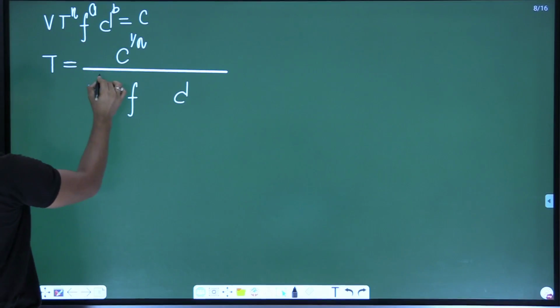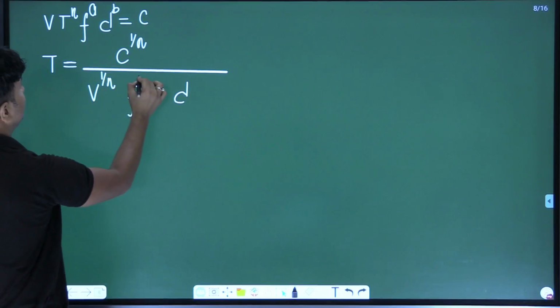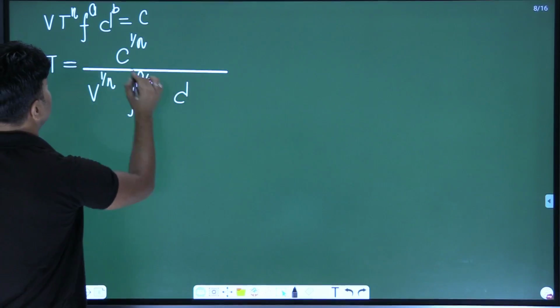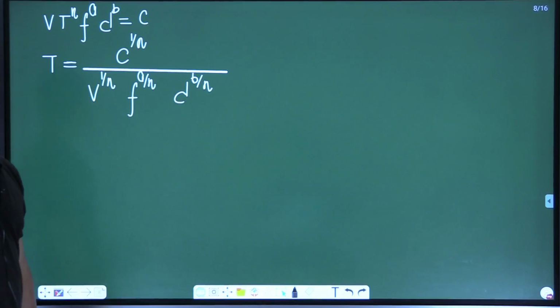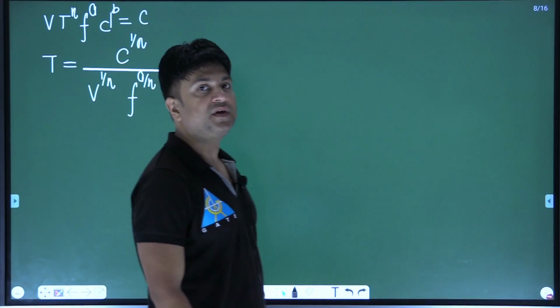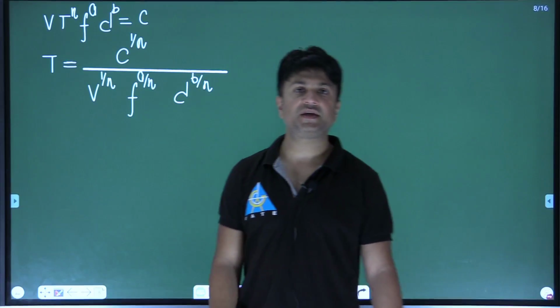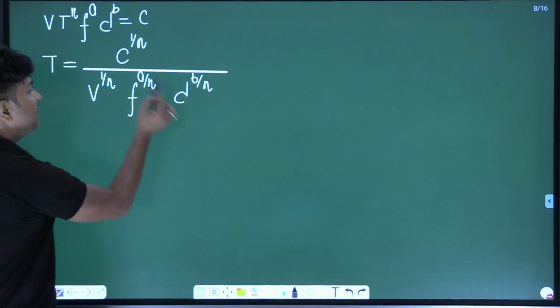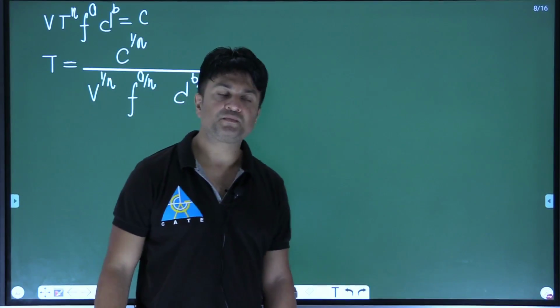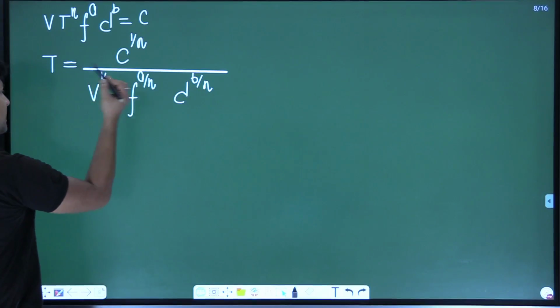The velocity power is 1 by n, feed power is A by n, depth of cut power is B by n. So you can see that the tool life not only depends on the velocity and cutting condition, but also on the feed and depth of cut. Am I clear? Very nice.